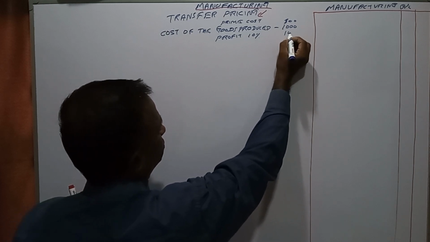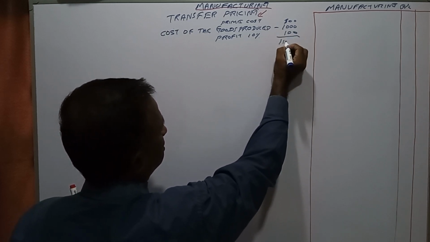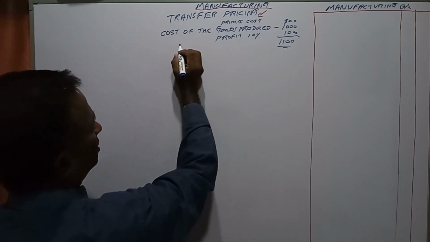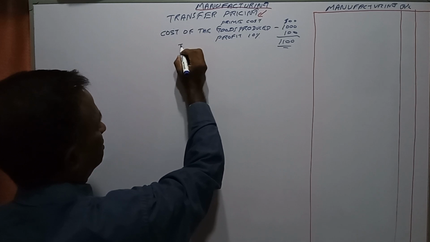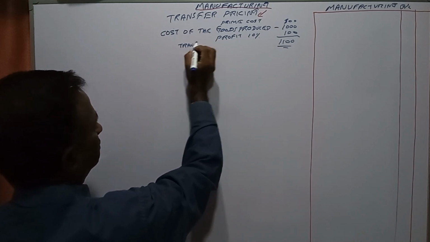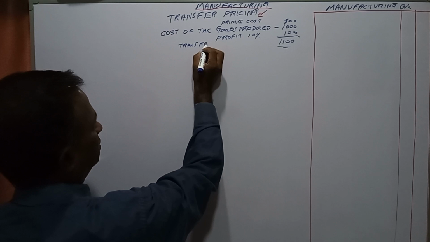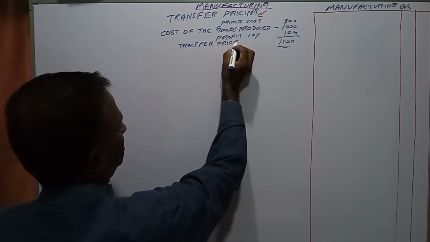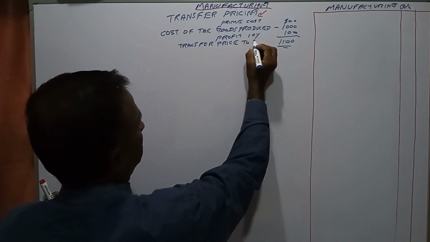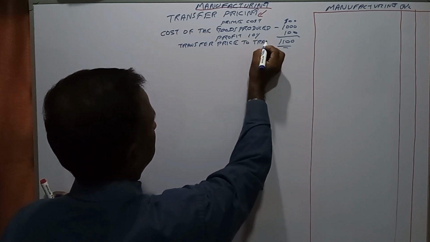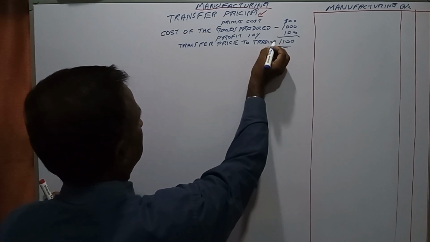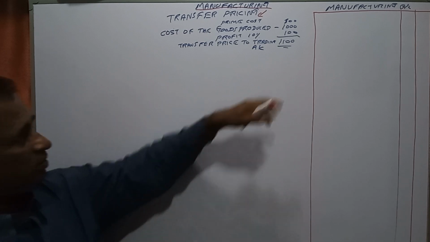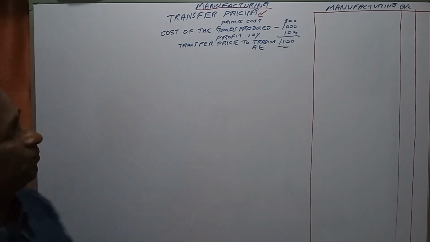That means 1100. At this price only, the transfer price to the trading account. This is the transfer price to the trading account.